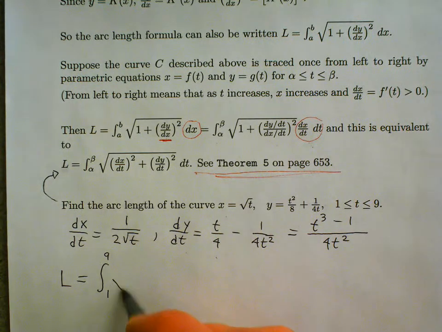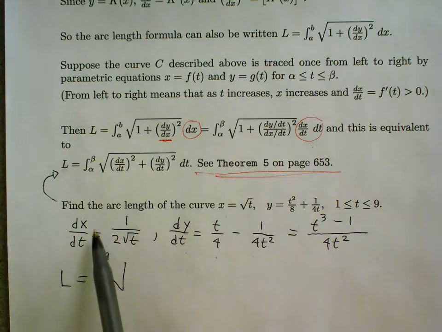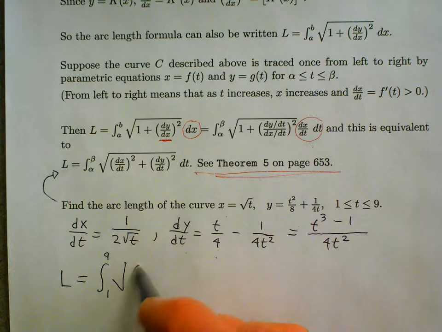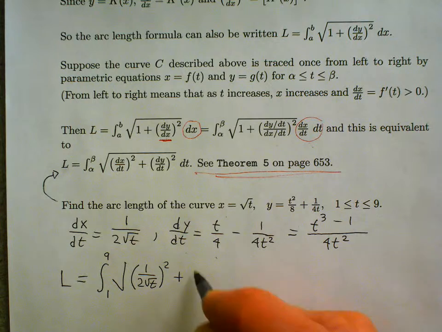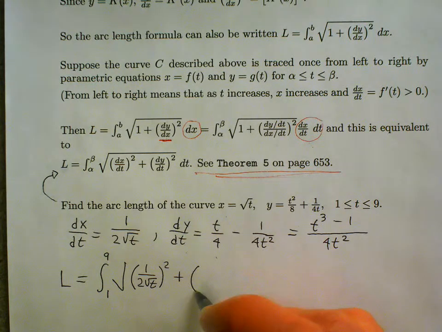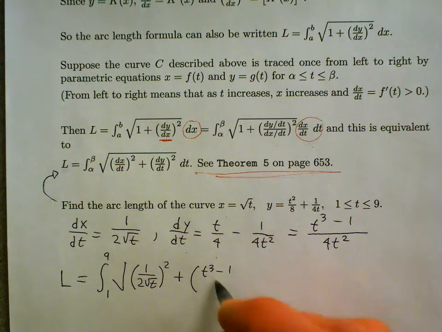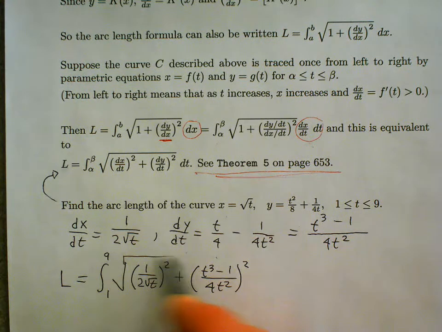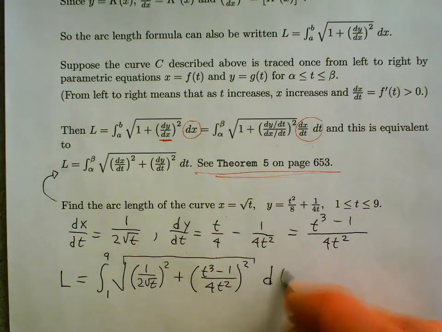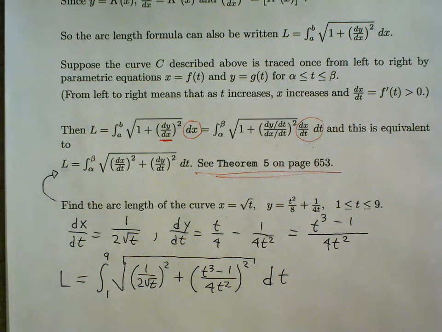And then we just have the square root of the square of dx/dt, so we're going to square 1 over 2 times the square root of t, and we're going to add that to the square of dy/dt. So we add the quantity (t cubed minus 1) over 4t squared, squared, dt. And now all we have to do is evaluate that definite integral for the arc length.